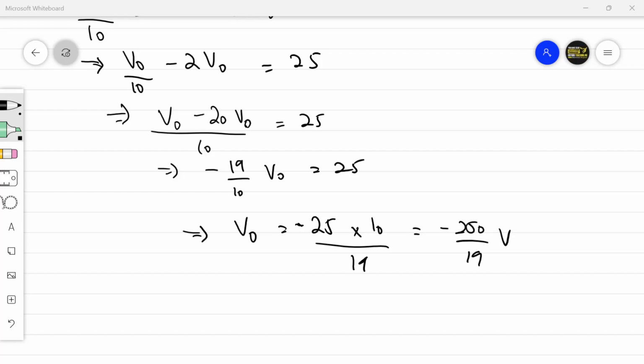So we have obtained the value of V naught, minus 250 by 19. If we divide 250 by 19, 250 by 19 is 13.15.